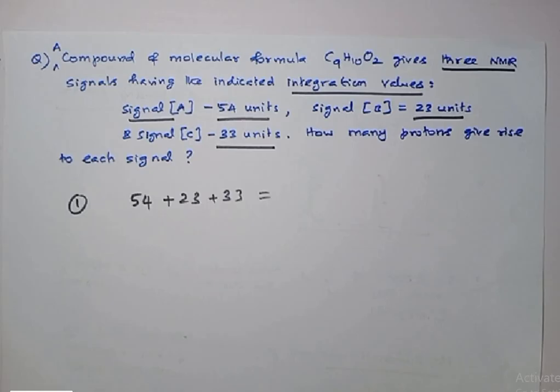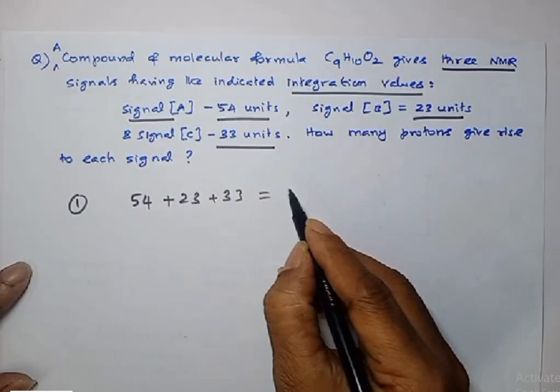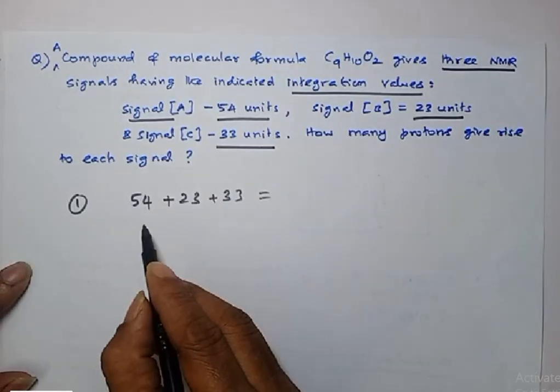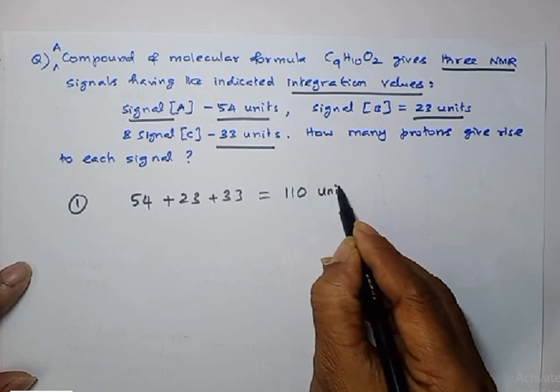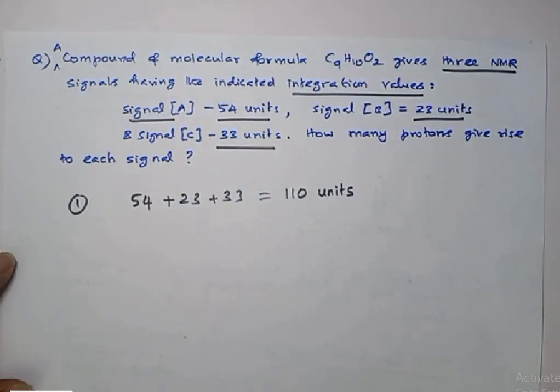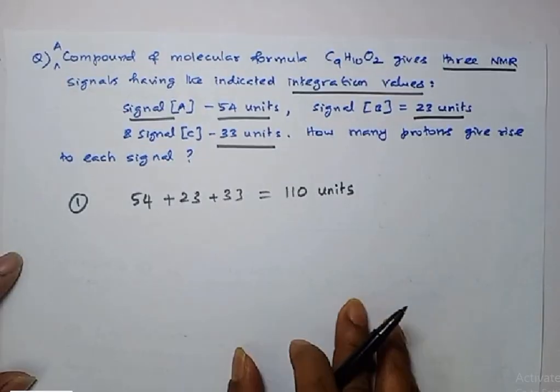What do we get? 54 plus 23 plus 33. What's the total? Yes, 110 units. So the total is 110 units.